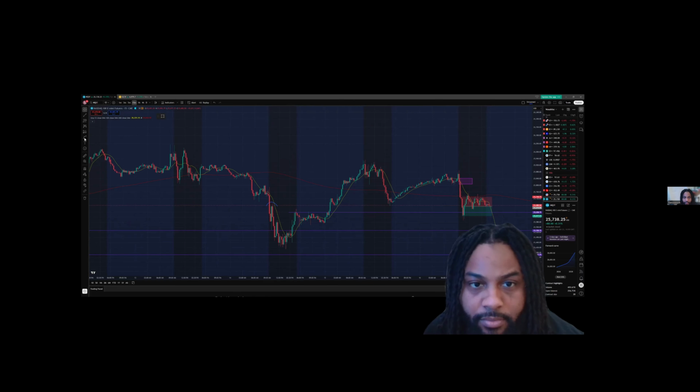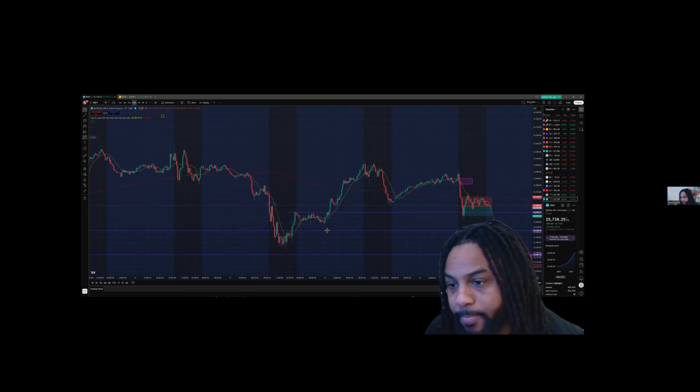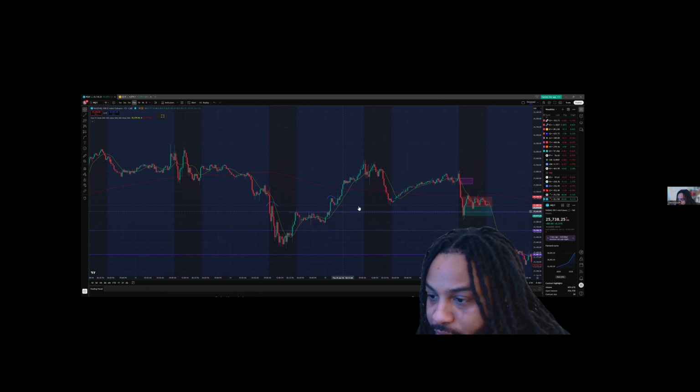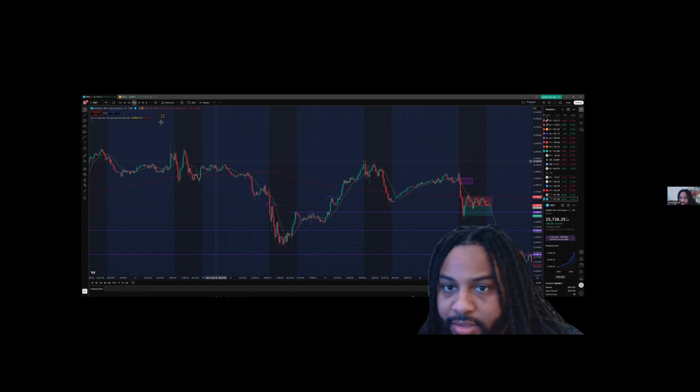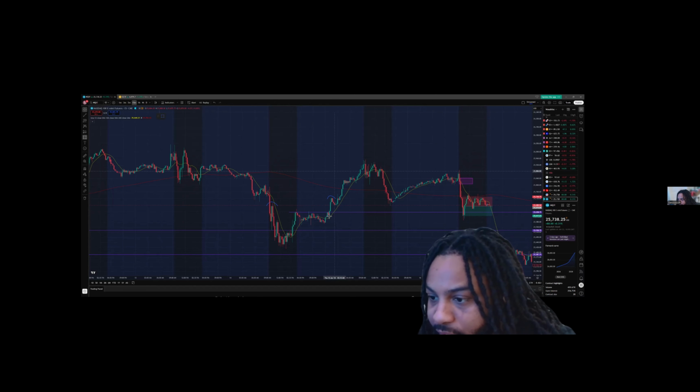So we broke the high here. This is the new high, a break of structure. So what the supply and demand zone looks like is what you have right here.